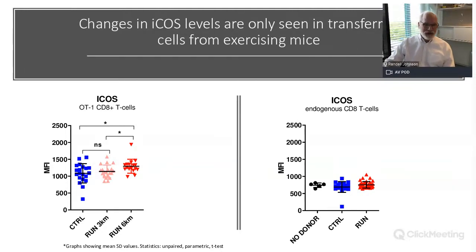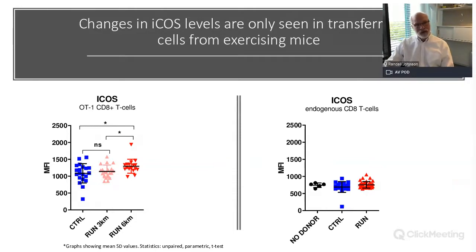If we looked at activation markers, here's one of the ones that was interesting: ICOS, one of the markers of an activated T cell. In the endogenous T cells from these non-exercising mice, the ones on the right, there were no real differences between T cells from control or running mice.